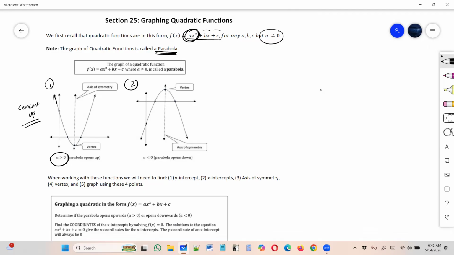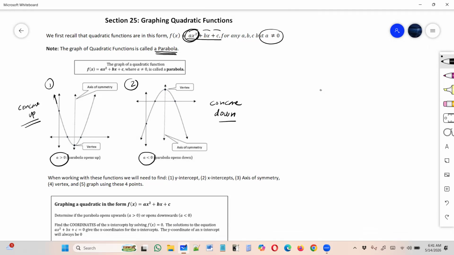In the second case, we have a parabola that opens down, so we call it concave down. This is going to be the case if the coefficient a is less than zero, or negative. So these are the immediate two distinctions between a concave up and concave down parabola.